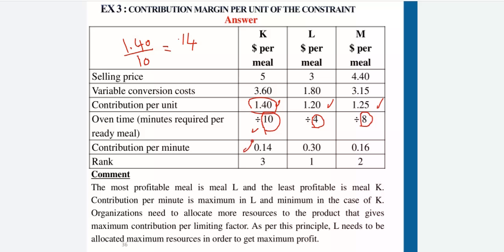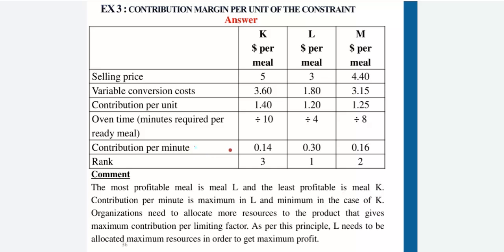Okay, so the profit per minute here is 14 cents. The profit per minute here is how much? 30 cents: 1.20 divided by 4. And 1.25 divided by 8 is about 16 cents. According to these numbers, if he asked for ranking, I will rank the meals according to the contribution margin per minute.